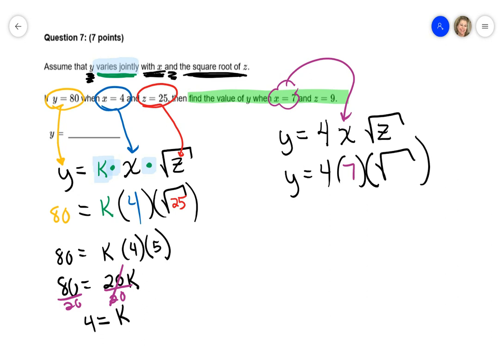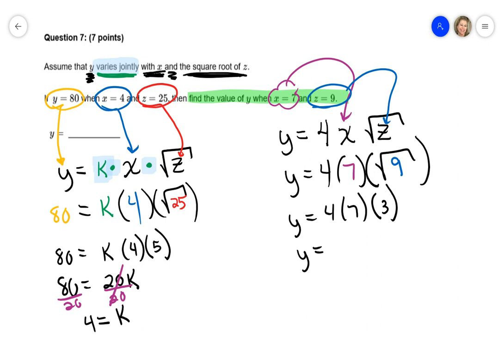Then the square root of z, and z is a 9, so that'll go there. So this is going to be 4 times 7 times the square root of 9, which is 3, and 4 times 7 is 28, and 28 times 3 is a big old 84. And that is my final answer.